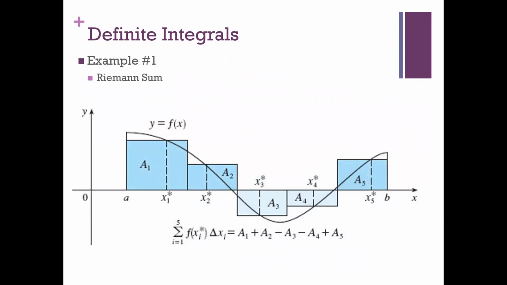Just because you have a curve, a function that has negative values, you can still talk about that Riemann sum. And it still works pretty much the same way. So this is an example here of 5 intervals. But look at area 3 and area 4. In my total sum, what am I doing with the area?